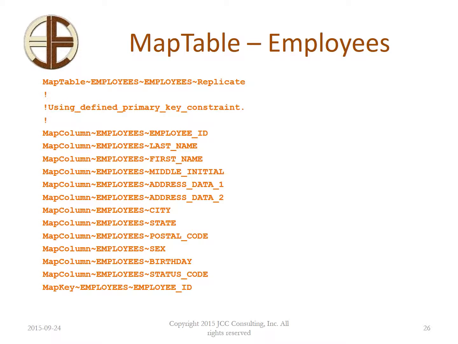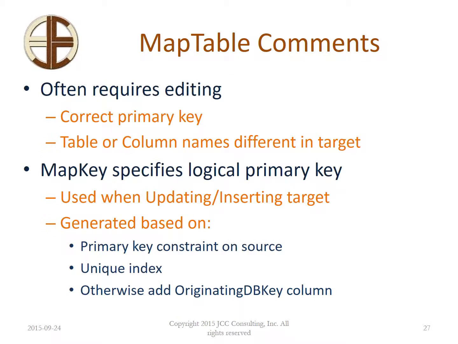Here's an example for the employees table, where the key for the employees down at the bottom is the employee ID. And we were able to pick this up from the primary key constraint in the source database. If you have primary key constraints defined in the source, you have much less editing to do on the map table file.